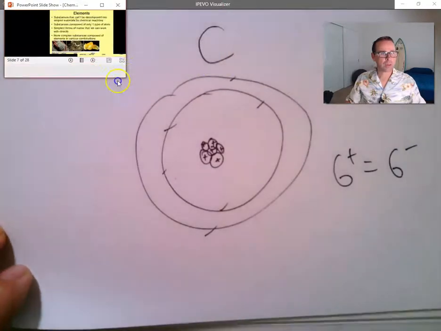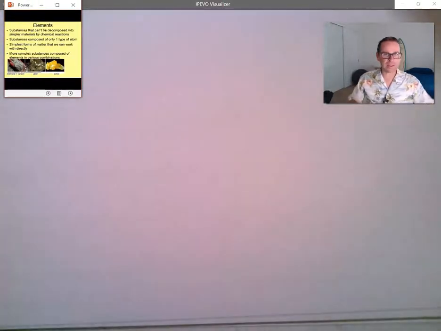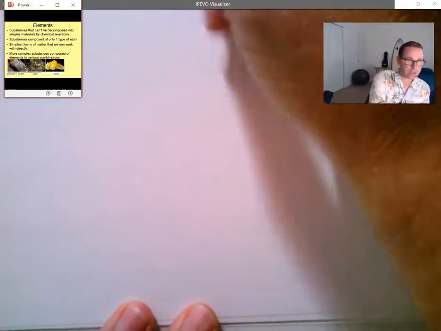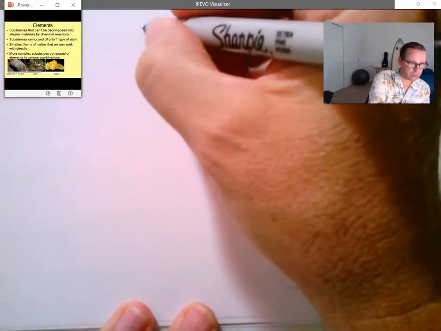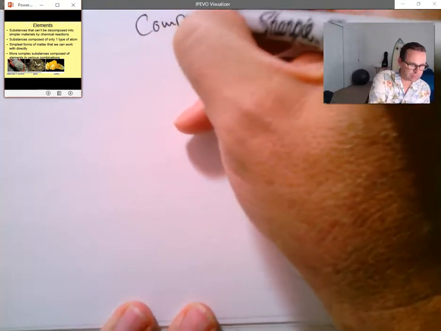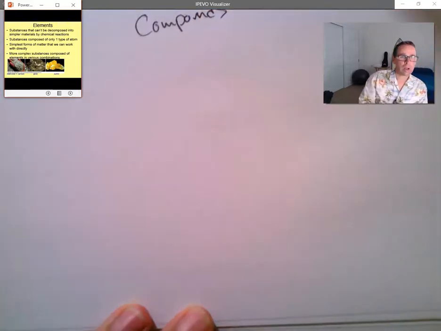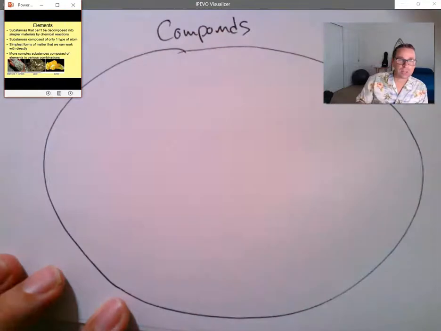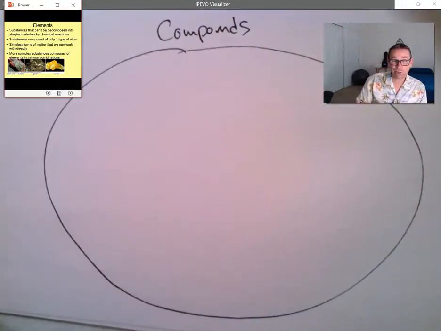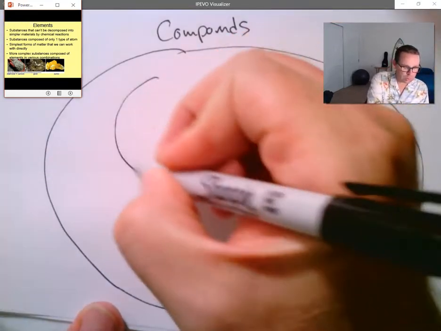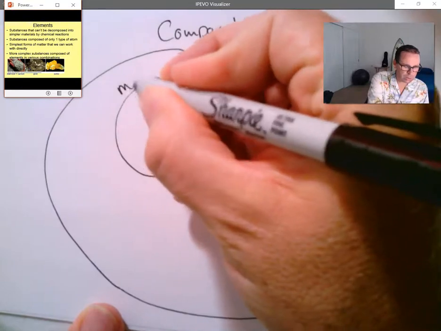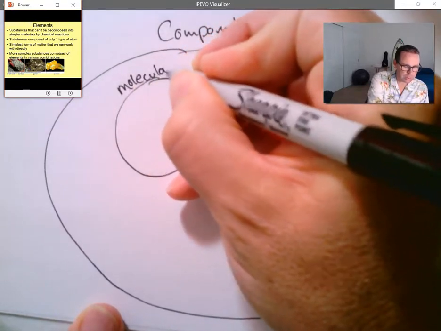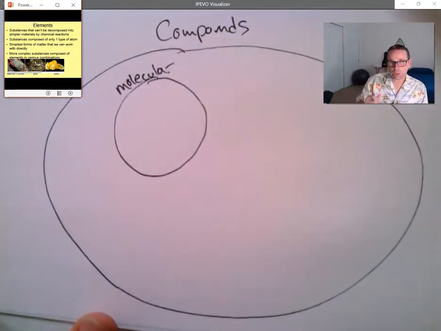I'm going to draw a diagram here to talk about the different kinds of compounds. If this circle represents all the different kinds of compounds that exist in the universe, amongst these compounds, some would be what we call molecular, or molecules.